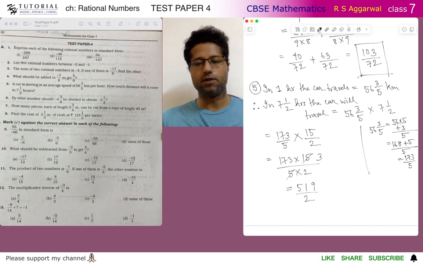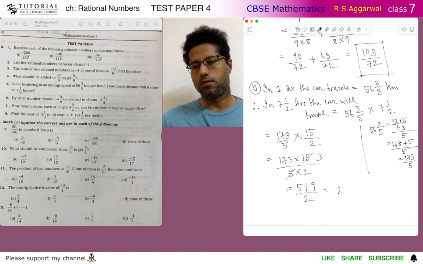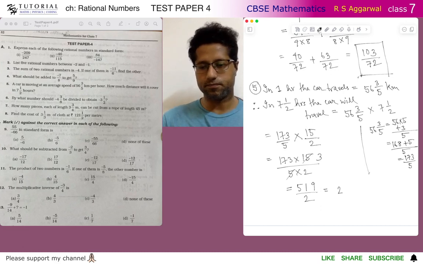So it's better to convert it into a mixed fraction, because in the problem the data is given as a mixed fraction. So when we convert 519 by 2 to a mixed fraction, we divide the numerator by the denominator, and the quotient becomes the whole part, and the remainder by the divisor becomes the fraction part.